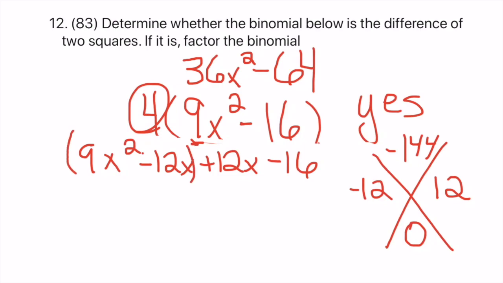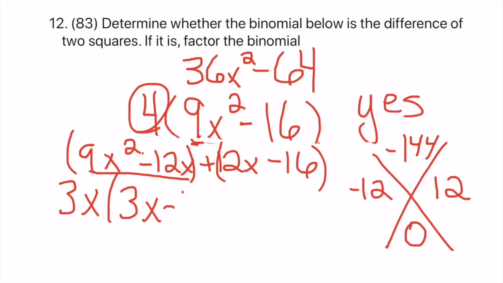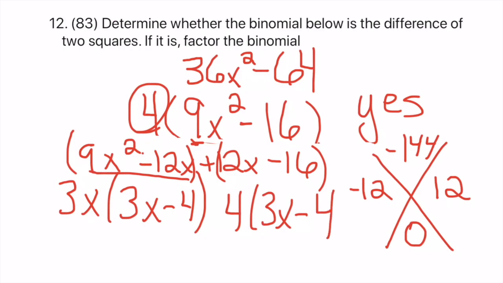Remember, I create two binomials. I'm going to factor this first one. So I could pull out a 3x, and I'd be left with 3x minus 4. Over here, I could pull out a 4, and I'd be left with 3x minus 4.